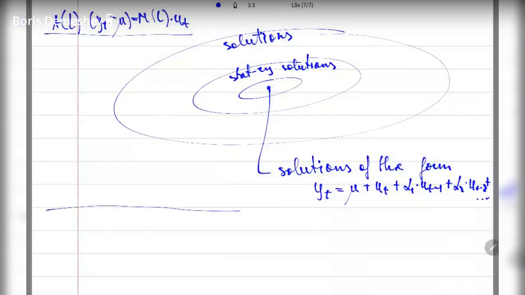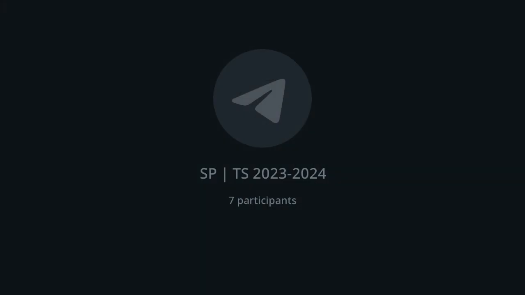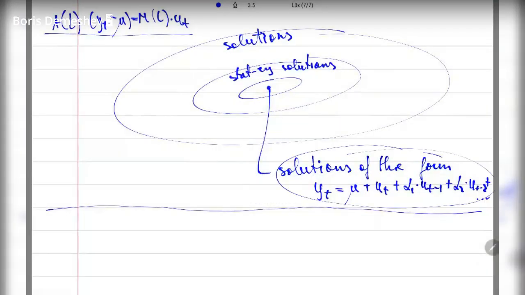Yeah. And in many cases, that's standard slang, implicitly, in many good books, in many good sources, the authors say, how many stationary solutions do we have? And they are really searching for stationary solutions of this form.